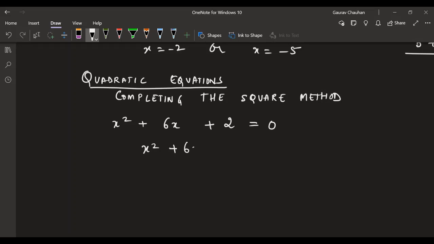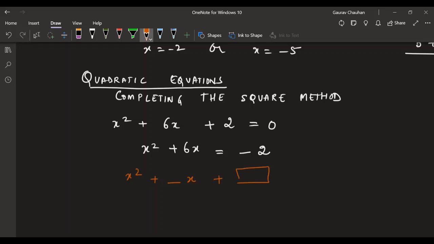So x square plus 6x equal to minus 2. Now on the left side, I have something which has x square and something which has an x term.